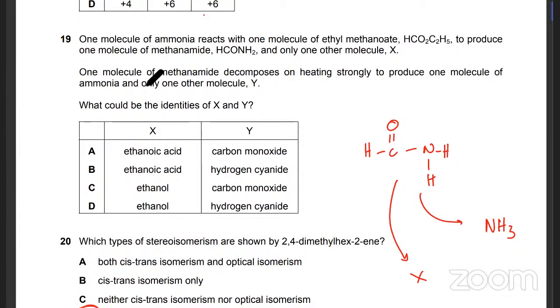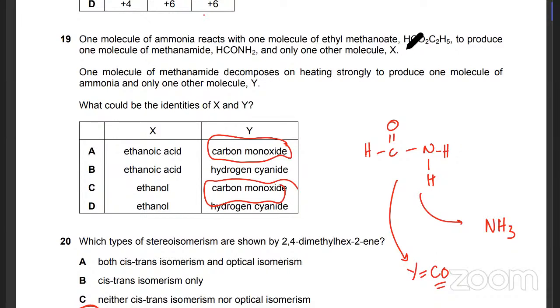What could be the identities of X and Y? First thing, this is not X. This is Y actually. According to the question, this is Y. And tell me what Y is. Y is going to be carbon monoxide, because remember he has clearly stated that 1 molecule produces 1 molecule of this. So what is left? You just have carbon and oxygen. You just have CO left. So Y is definitely carbon monoxide, right?